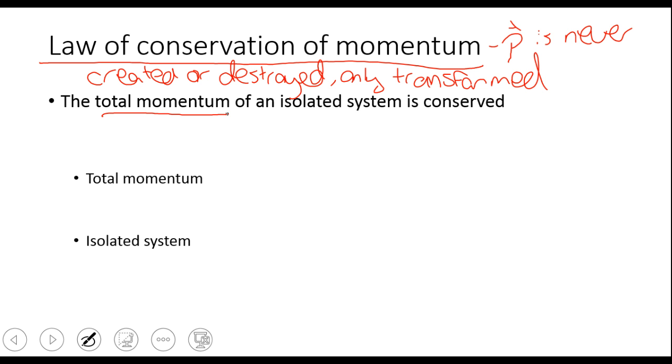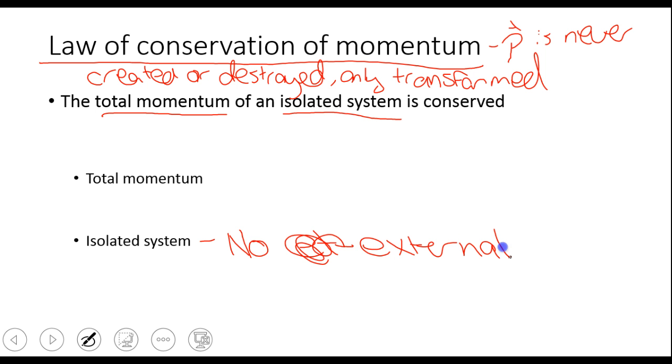The other interesting part is the isolated system. An isolated system is one where no external forces are present. So there's no external, and I'm actually going to say net force.